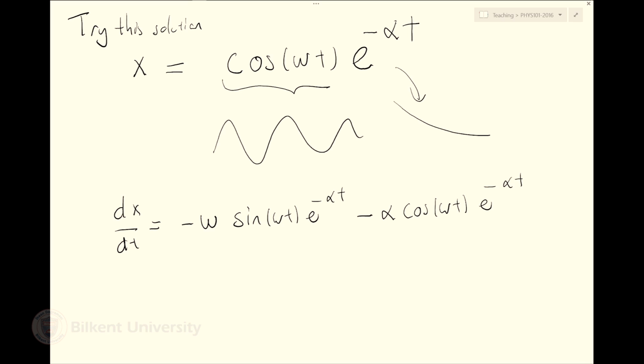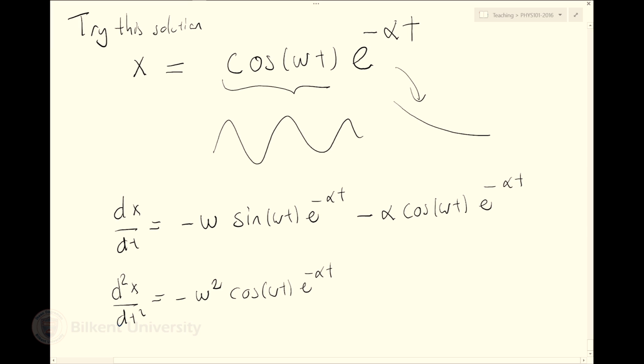How about the second derivative? Again, I might get the derivative on the first term, so I'll get minus omega squared cosine omega t e to minus alpha t.